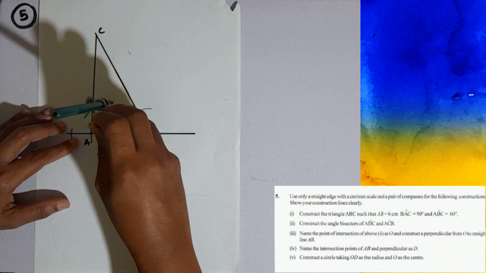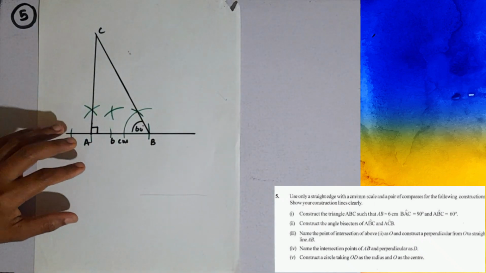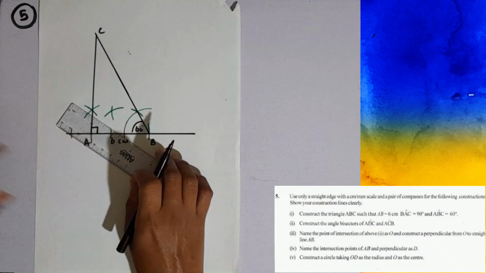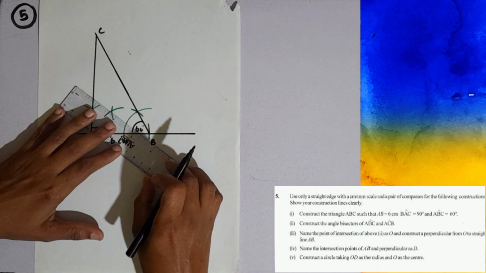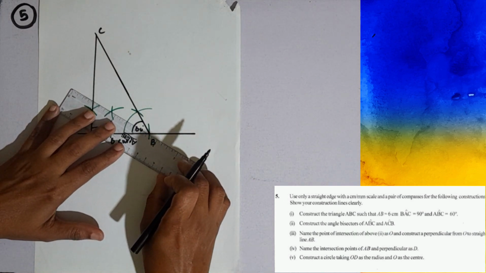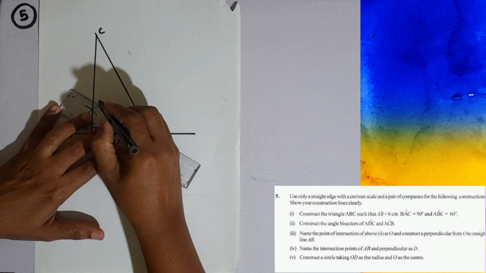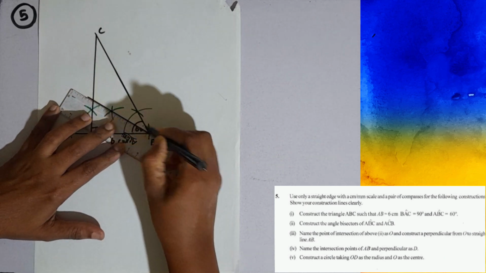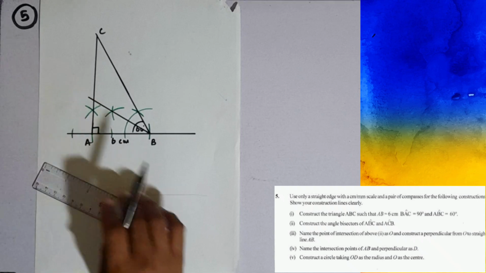Then here also you have to keep it and draw an arc. Now join the intersecting point and point B. This is the angle bisect of ABC.